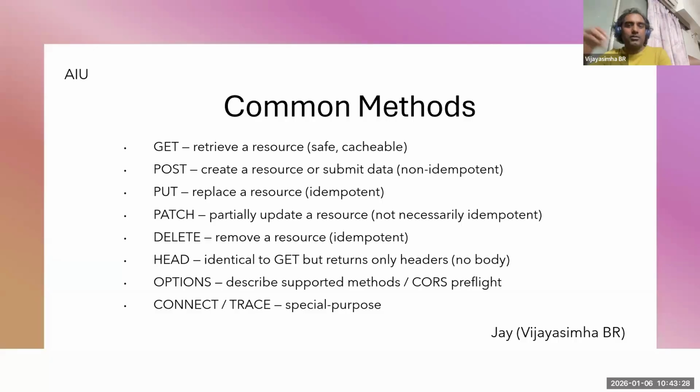Going back to the profile example, patch is like, I just want to change my phone number today, or one letter in your phone number. That partial update would be the patch endpoint.